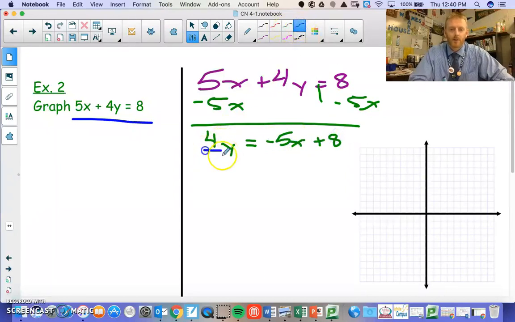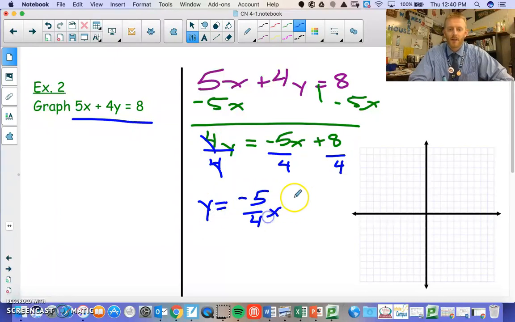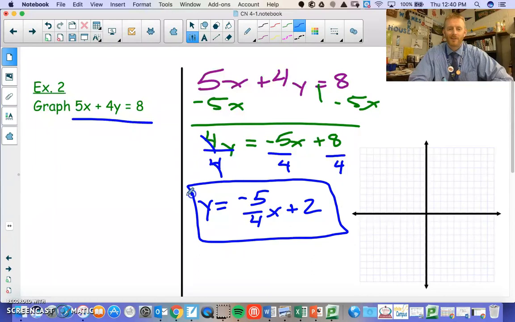I'm going to then divide everything by 4 in order to get y by itself. So y is equal to -5/4 x. 8 divided by 4 is +2 here. So this would be my slope-intercept form.